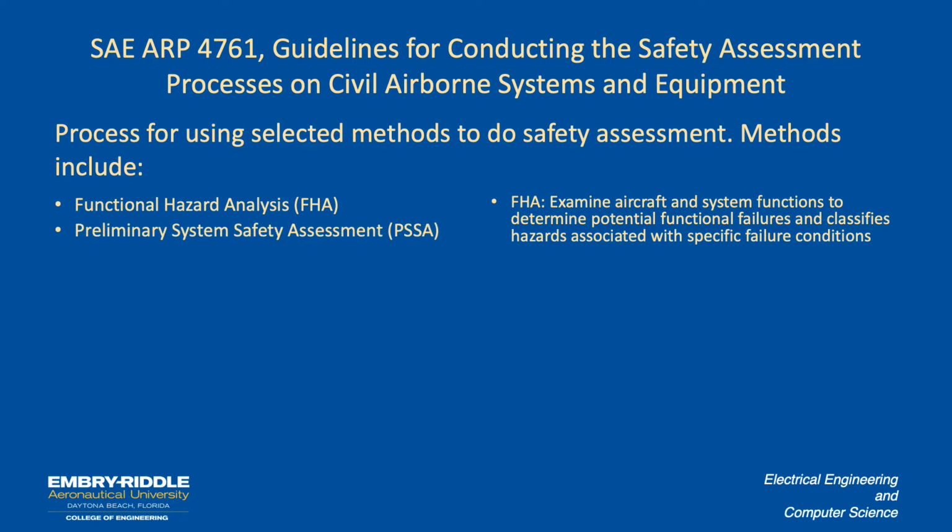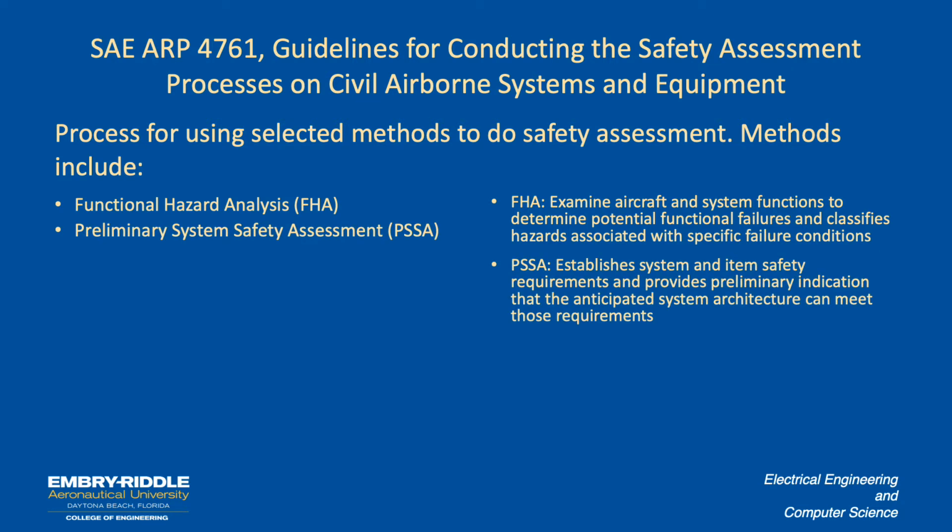The preliminary system safety assessment is where you establish the safety requirements for each item in the system, and your preliminary design gives an indication that we should be able to meet the requirements.